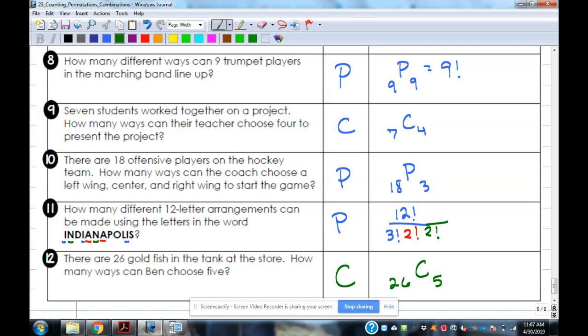All right. So you got a little practice with this. You've got about 30 minutes left in class to work on this. It probably won't take you that much time. Easy thing. Just recognize permutations and combinations.